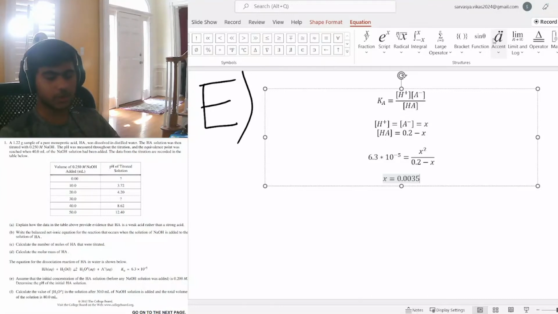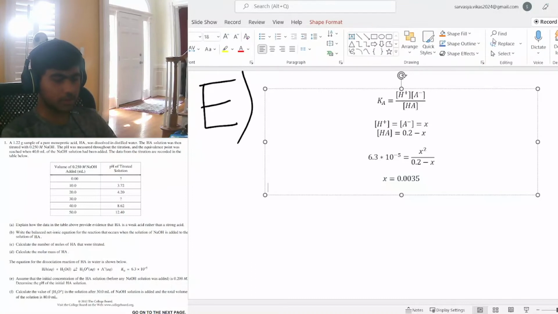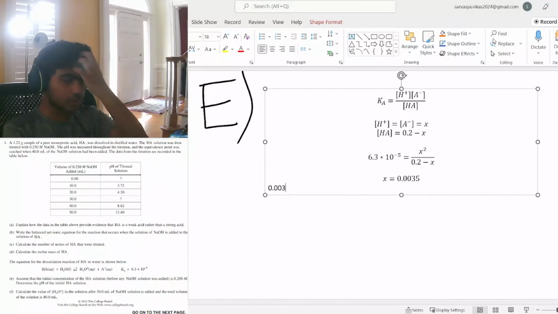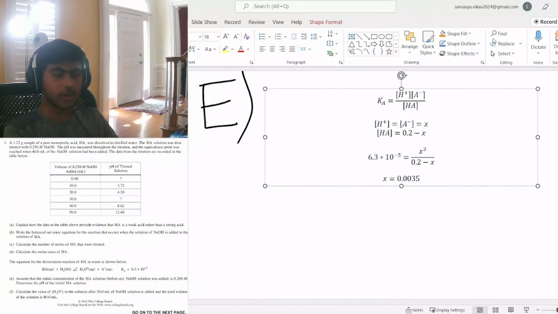We take the square root, and we get 0.00355 instead of what before was 0.00351. As you can see, the assumption doesn't really change that much. It still works either way, and here x is 0.0035.